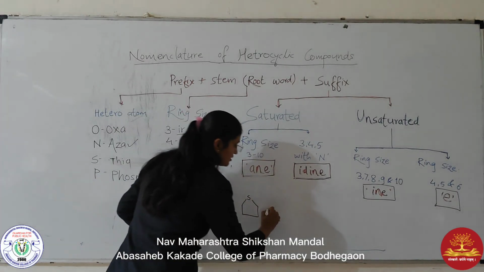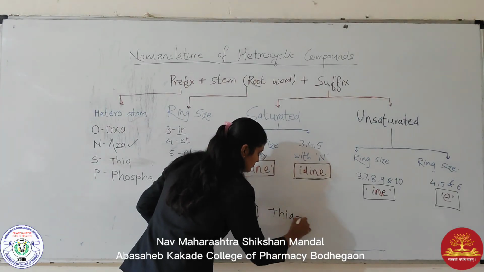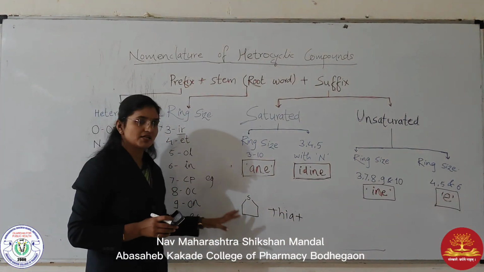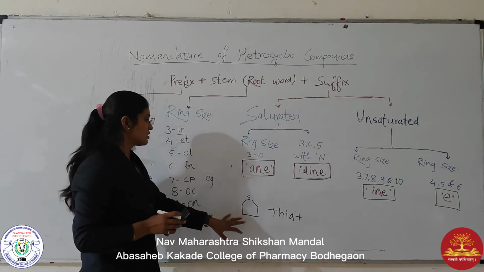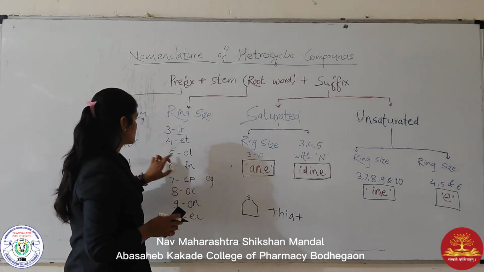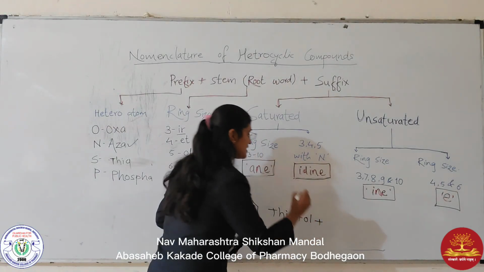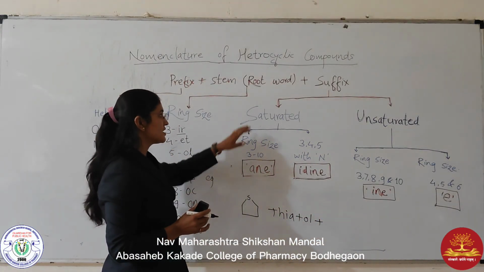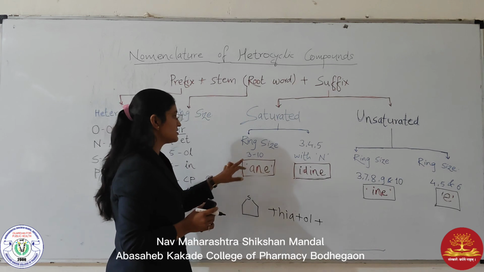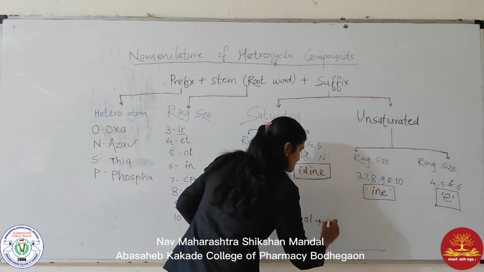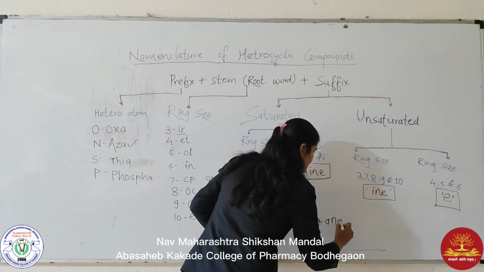Write down here thia, plus the root word, which depends on how many members are present in your ring. It is 5, so the root word will be ol. And the last is the suffix: your ring is saturated and 3 to 10 members, here 5 members, so the suffix will be ane.